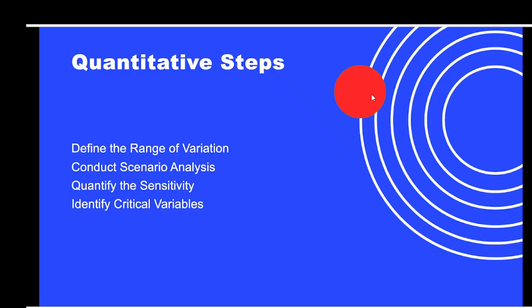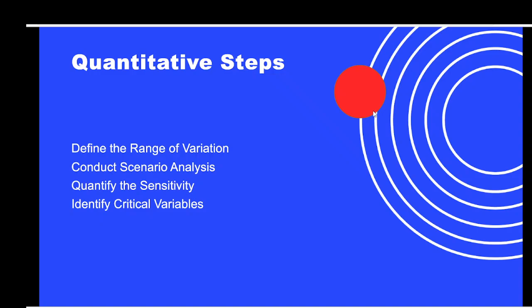Now, when conducting a scenario analysis for the second step, we define a specific combination of input variable values that could represent different plausible scenarios. So when we're inputting the values inside these variables, we also have to do our third step, quantifying the sensitivity.